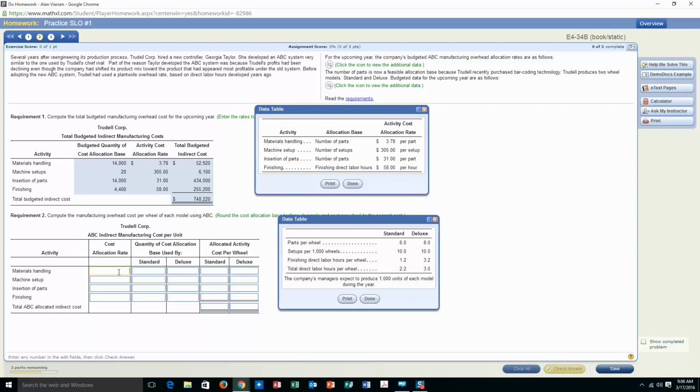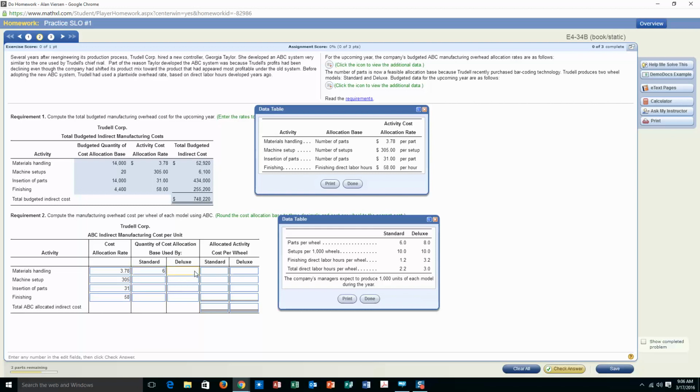Okay, so the allocation rate for materials, we're just taking this again from the table. That's 378, 305, $31, and the last one finishing is $58. Now, the number of parts per standard wheel is 6.